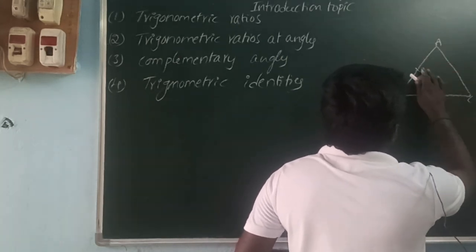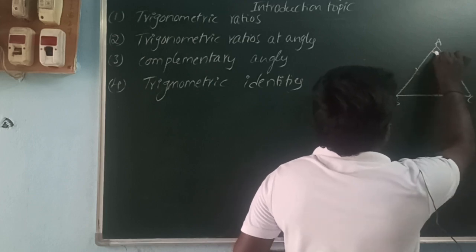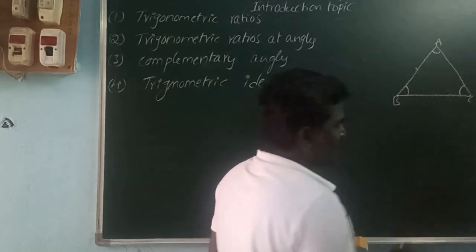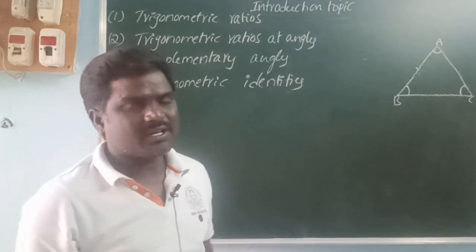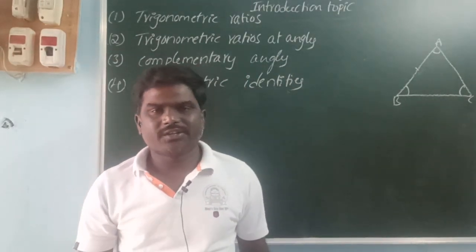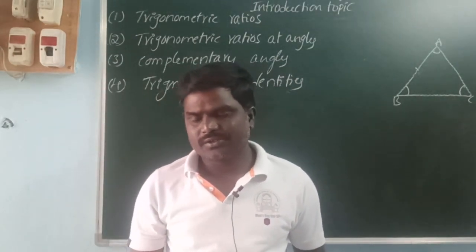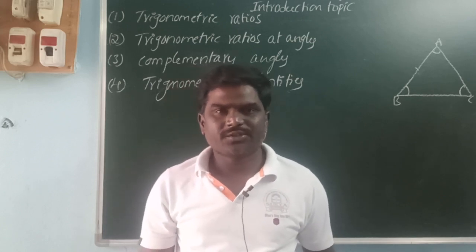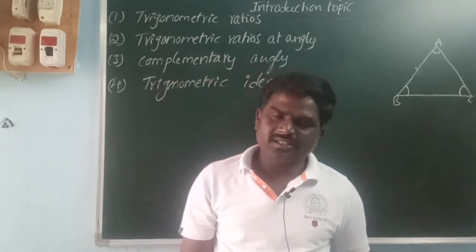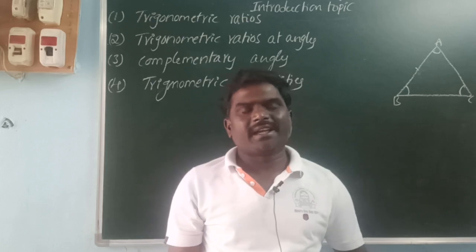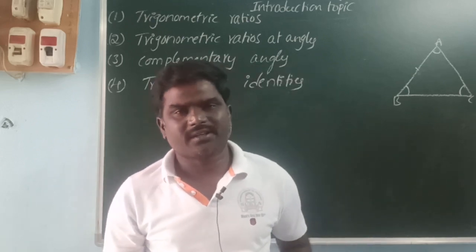What are the 6 ratios? Sine ratio, cos ratio, tan ratio, cosecant ratio, secant ratio, cot ratio. These 6 ratios we can take in a triangle. Which triangle? Right angle triangle.